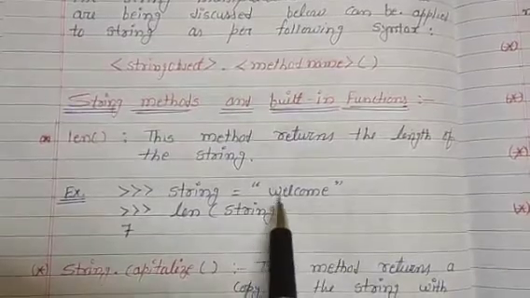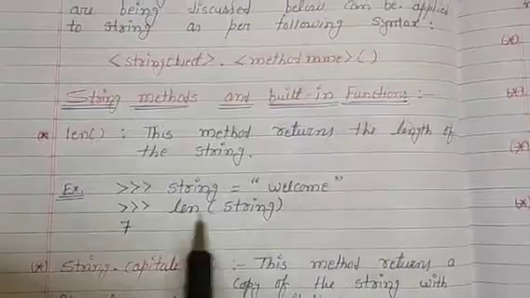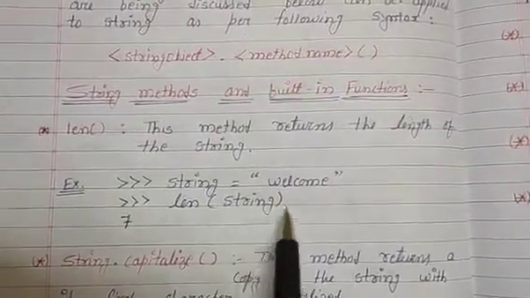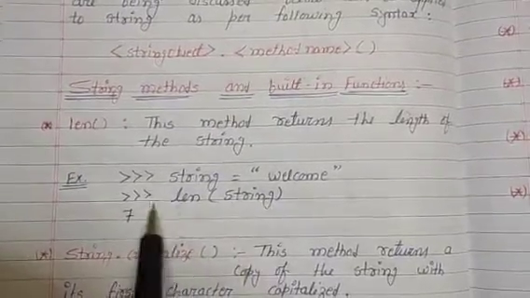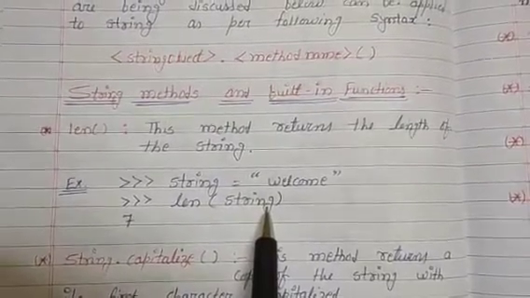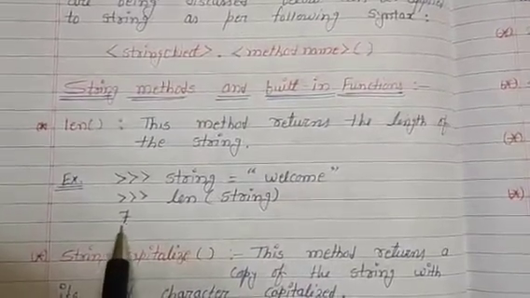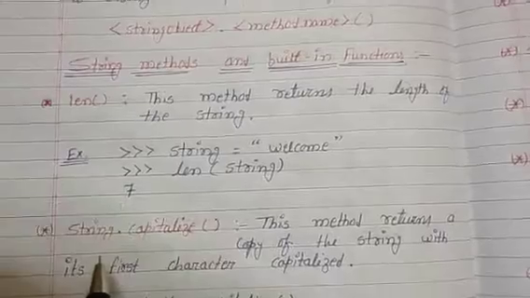The word welcome contains 1, 2, 3, 4, 5, 6, 7, seven letters. Now the len function is applied, len with the string in the parenthesis. This function returns the number of letters present in the string. So it returns 7. This is the length function output.